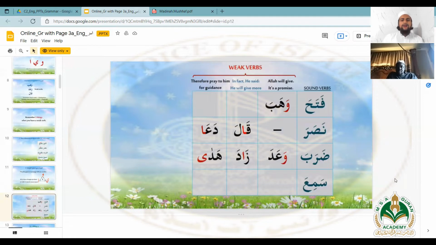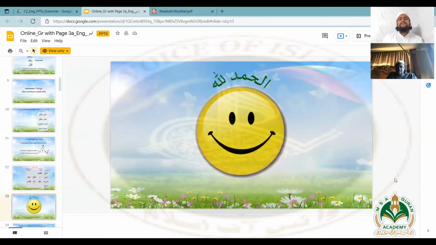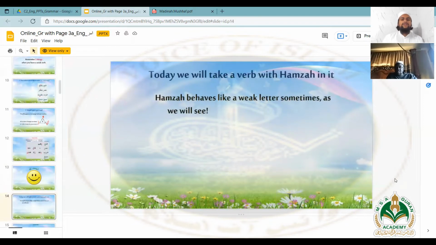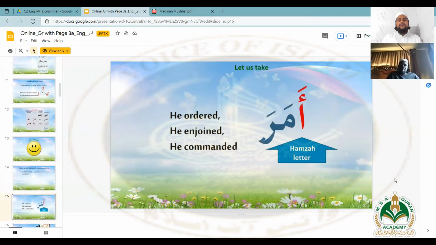So fataha, wahaba, nasara, qala, da'a, daraba, wa'ada, zada, hada, sami'a. Today we will take a verb with hamza in it. Hamza behaves like a weak letter sometimes, as we will see. So alif is a weak letter, but hamza also behaves like alif, like a weak letter.